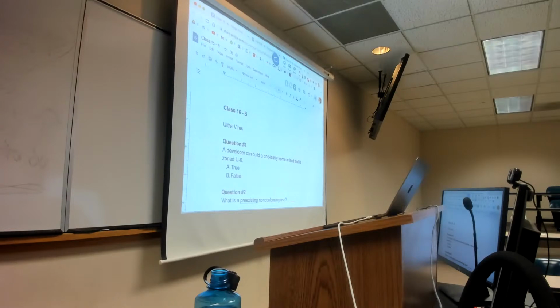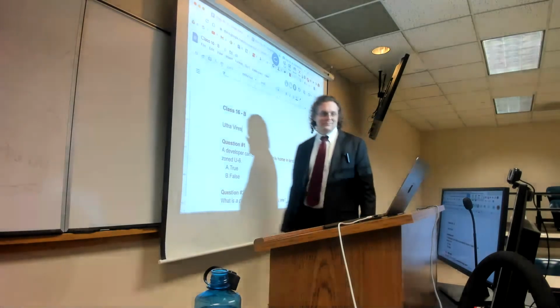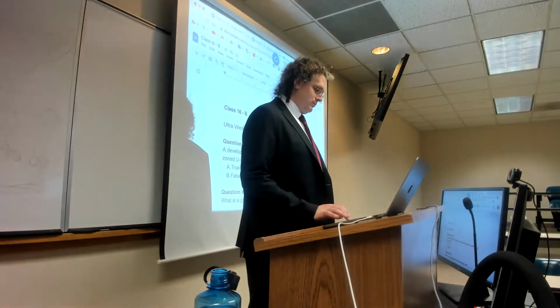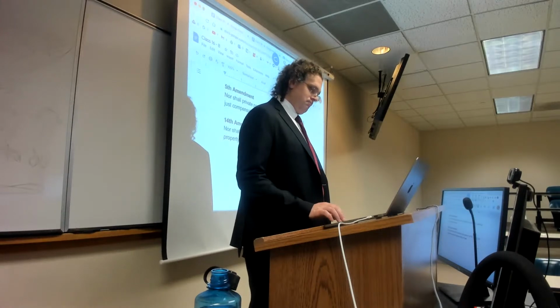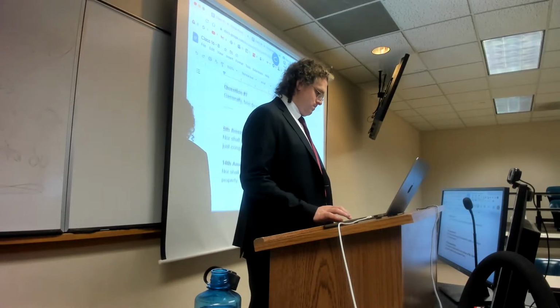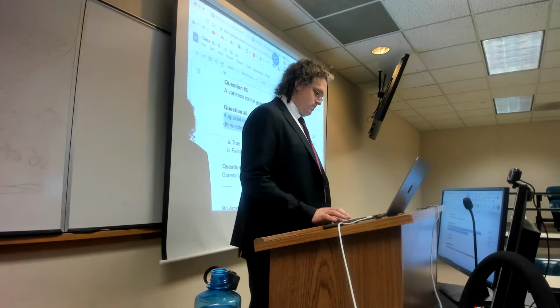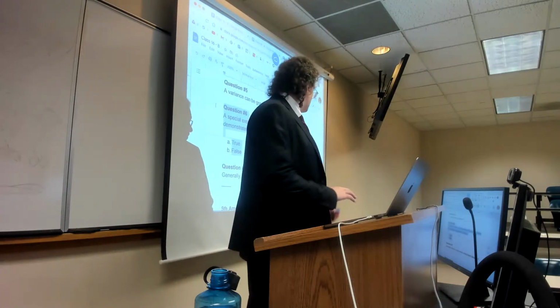Yes. There's a question for today about a special exception can be granted if the property owner demonstrates a substantial hardship. Can the legislature make substantial hardship underneath a special exception one of the check boxes?